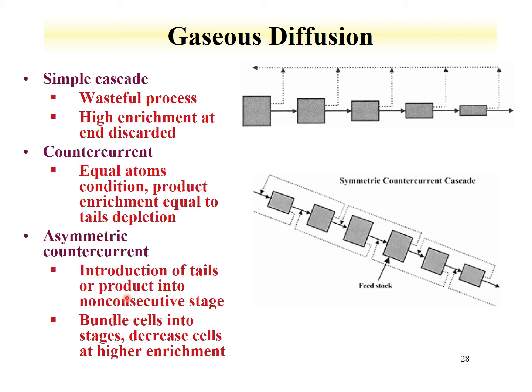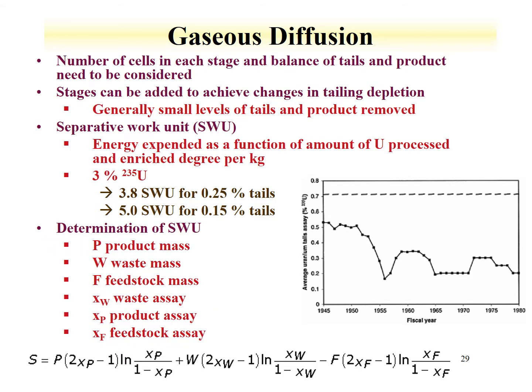The cells in this case tend to be bundled together, and we get a decrease in cells at higher enrichment. For these processes, the number of cells in each stage had to be balanced with the tails and the product. Stages can be added to achieve changes in tailings depletions. So you can vary the overall enrichment by changing stages, which are composites of cells.